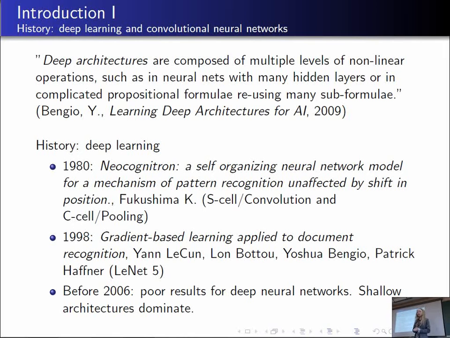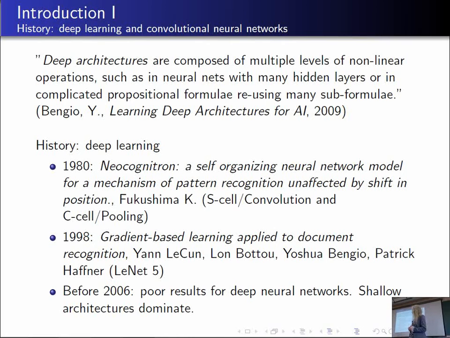Fukushima used the research of Hubel and Wiesel about the cat's vision system. The vision system is made of two kinds of cells: the simple cells, S cells, that we could refer to as convolutional cells in our networks, and the complex cells, pooling cells. You will understand that a bit later, but it emphasizes the fact that that kind of network has its source in the human body and in the brain.